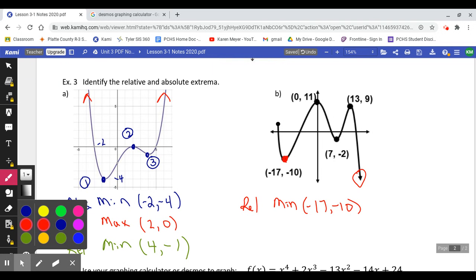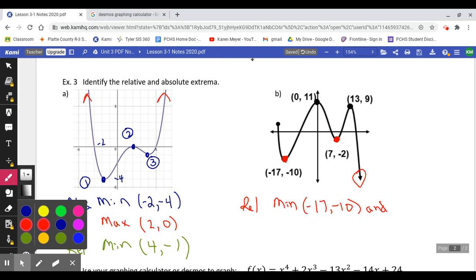Okay, and then I'm just going to stick with mins again. So does everybody notice I have another low point right here that I outlined in red as well? And once again, that is not the lowest that the graph goes. So that is also a relative min.